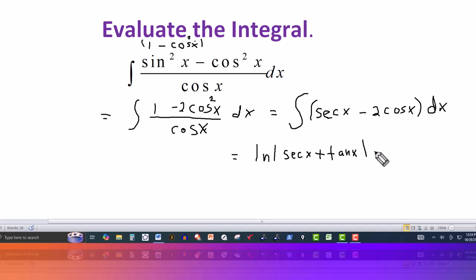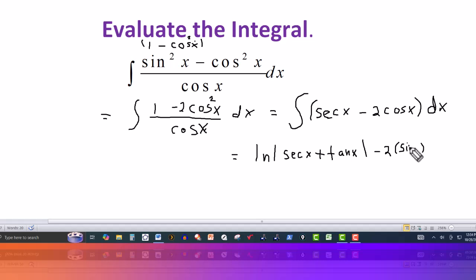And then this will be a minus 2 here. We're actually doing this in two integrals. So I'm doing the integral of secant of x, which is given by this right here. And then here, the integral of cosine. I just factored the negative 2 out here. So what's the integral of cosine of x? It's sine of x.